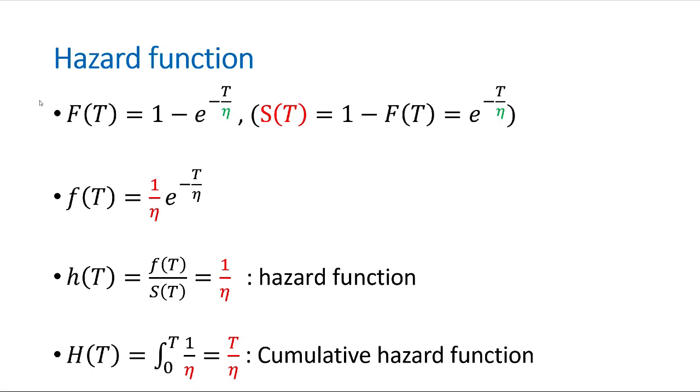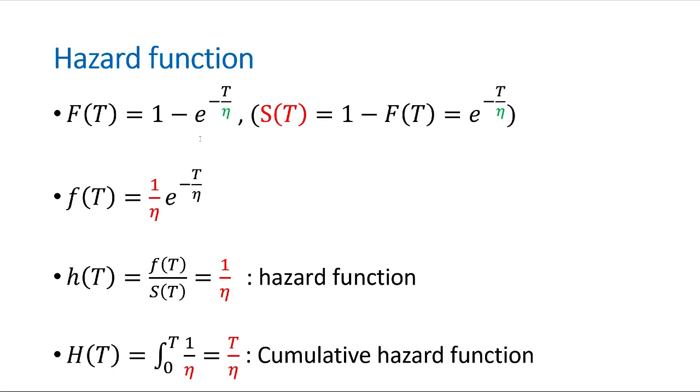And as I mentioned, I'm going to use the exponential distribution for survival analysis in the coming videos. So let's think about how to use the exponential distribution for the hazard function.